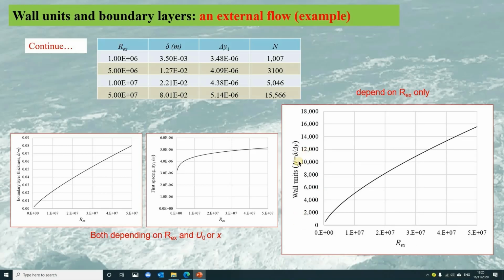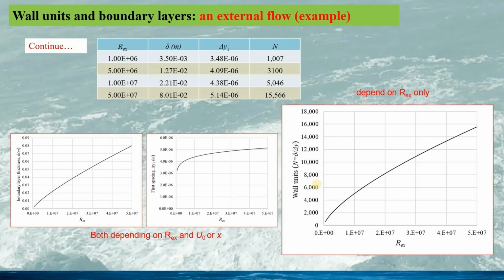This is the wall unit N against the Reynolds number. So we can see the larger the Reynolds number, the more wall units in the boundary layer. When the Reynolds number goes from 1 million to 50 million, we can see the huge increase in the wall units.